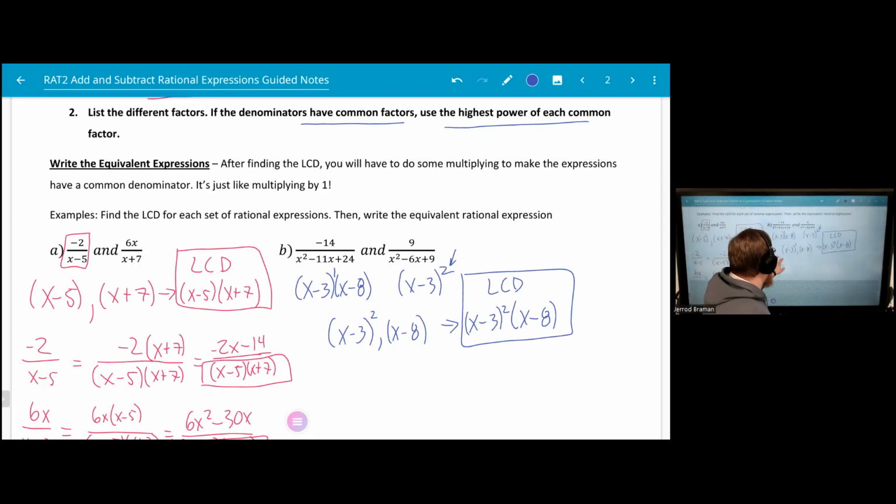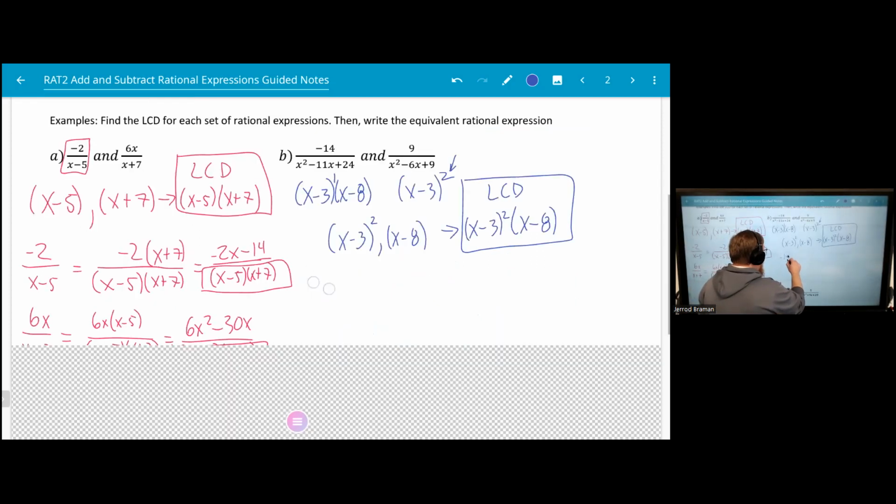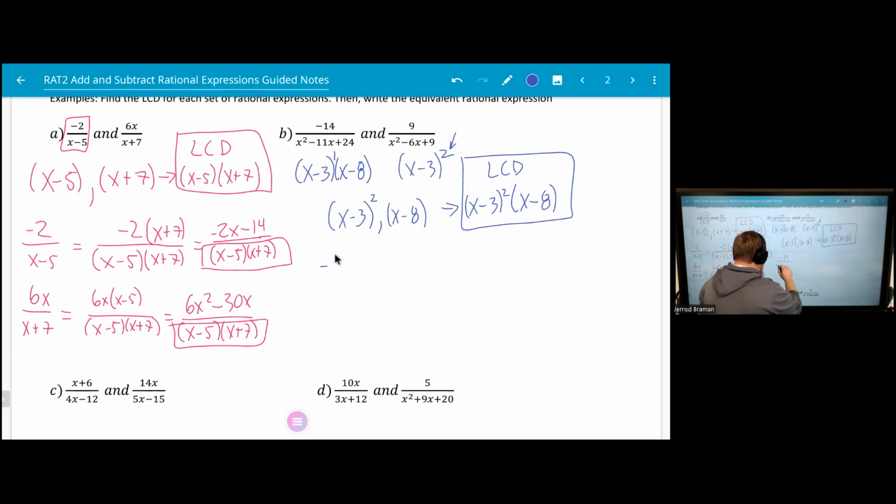Let's take our first one right here. We'll start with negative 14 divided by our factored version, (x minus 3) times (x minus 8). Well, what do we got to multiply the numerator and denominator by to get this to (x minus 3) squared times (x minus 8)? I've already got one x minus 3 and I've got x minus 8. I have to multiply both the numerator and denominator by x minus 3.